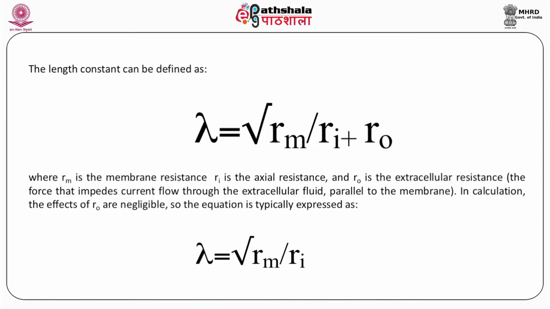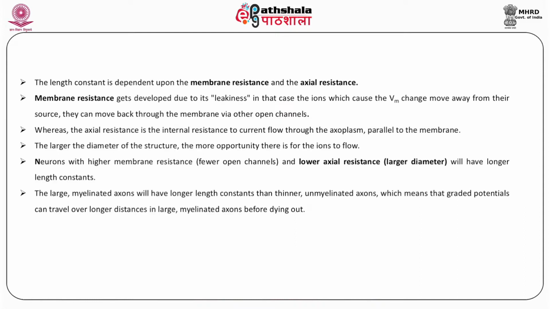In calculation, the effect of R0 is negligible. Therefore, the equation can typically be written as lambda equals the square root of Rm divided by Ri. The length constant is dependent upon membrane resistance and axial resistance.